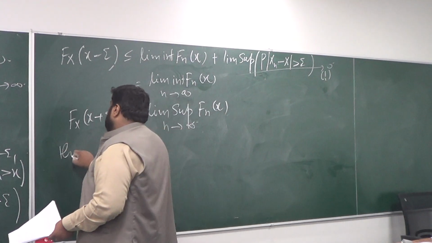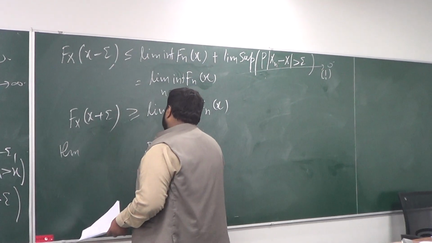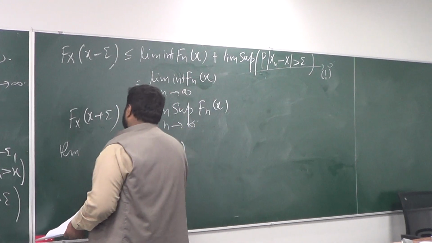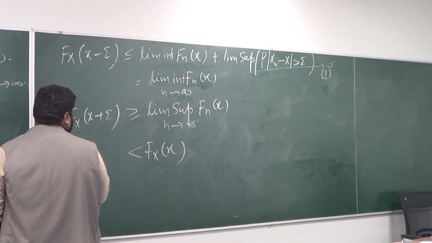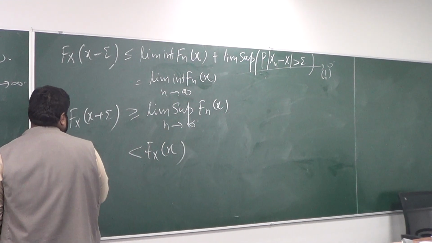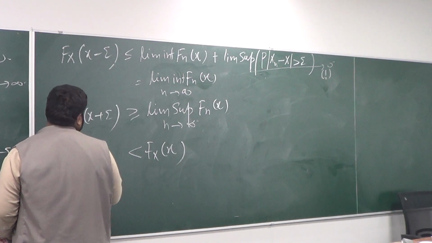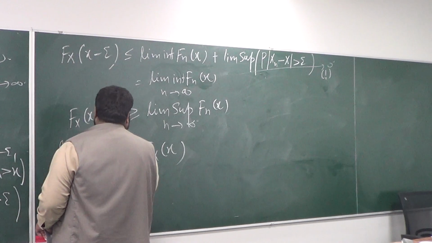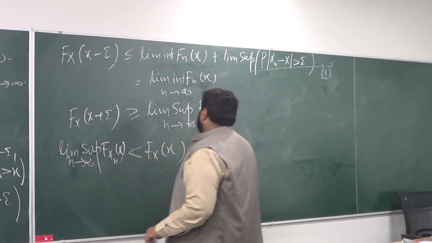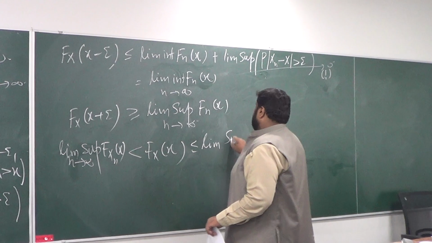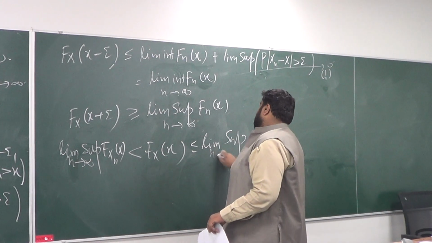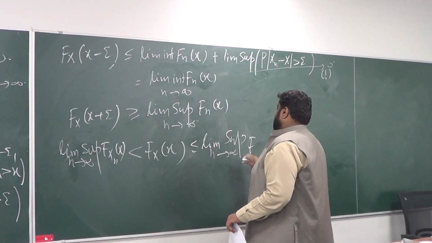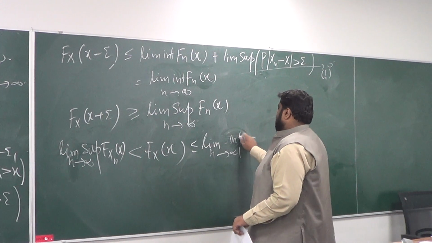Hence, I can deduce that this Fx of x is sitting between the lim sup and the lim inf of Fxn of x as n goes to infinity.